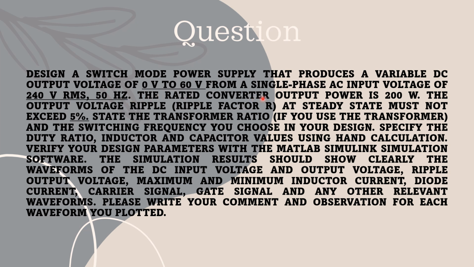The rated converter output power is 200 watt. The output voltage ripple at steady state must not exceed 5%. State the transformer ratio if you use the transformer, and the switching frequency you use in your design. Specify the duty ratio, inductor and capacitor value using hand calculation.